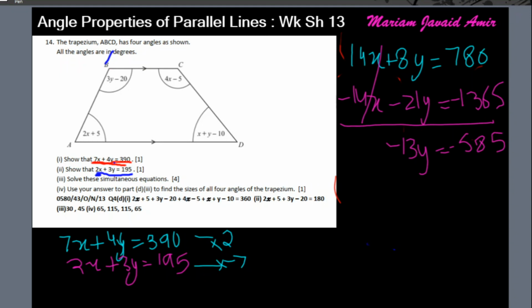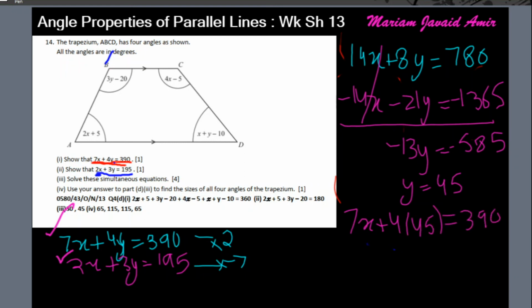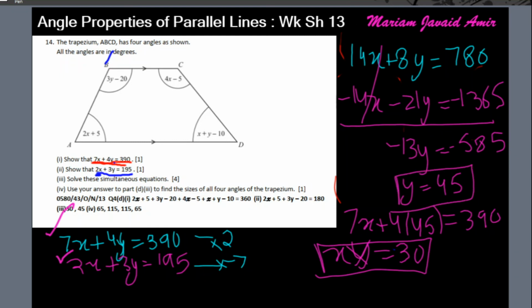Divide this by 13 and we get minus 45 over minus 13, so y is 45. Now put the value of y in any of these equations. I'll put it in the first one: 7x plus 4 times 45 equals 390. Now x would be found by writing in your calculator 390 minus 4 times 45, divided by 7, which gives 30, and this is the value of x. So we have found the values of y and x.